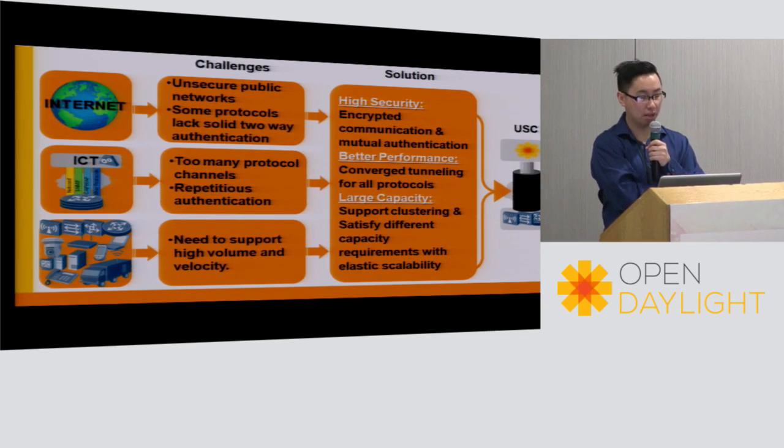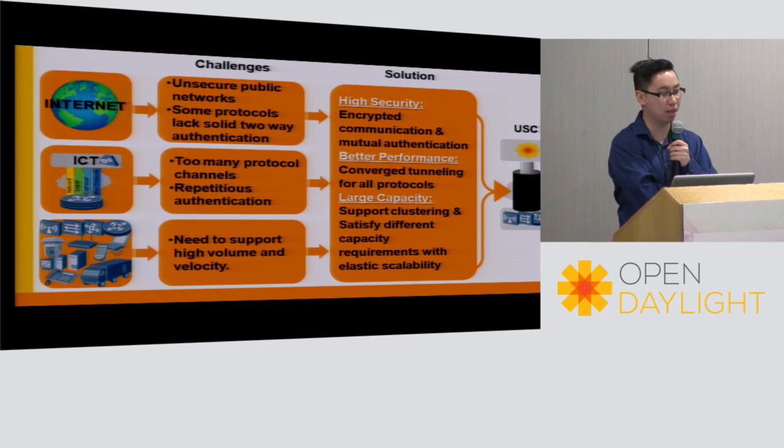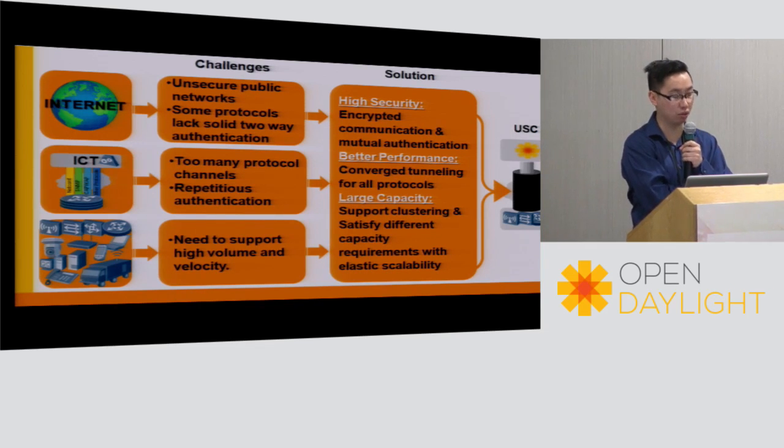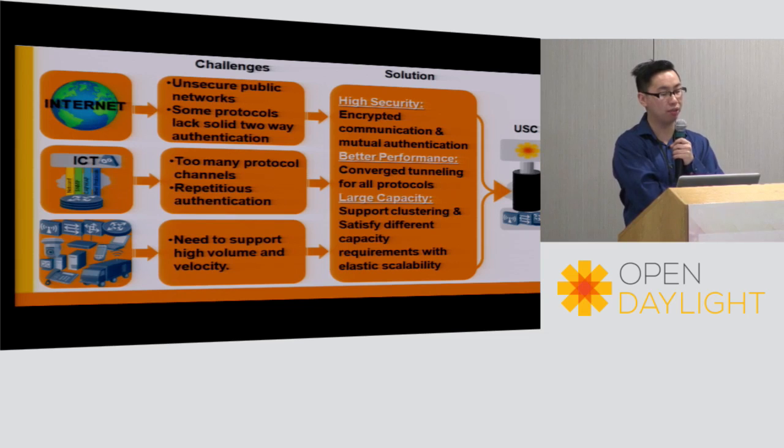The other problem is there are way too many protocol channels that are created, and you would have to do repetitious authentication whenever you do a handshake for any of those protocols. And there's no guarantee that that particular authentication method is as secure as you would like.